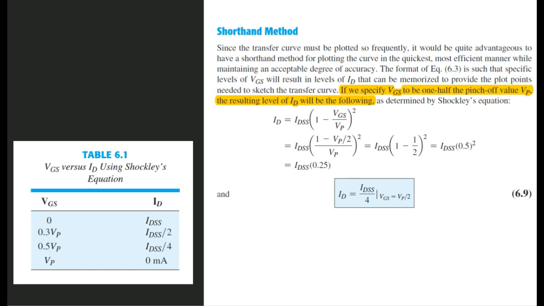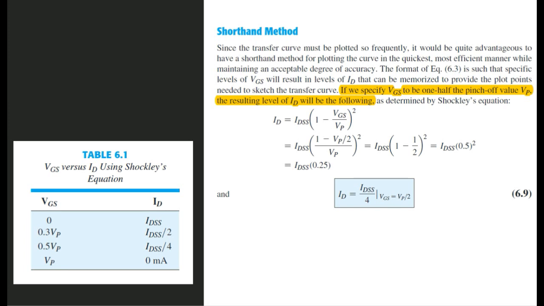You just need to change the values here, and you can see that if VGS is 1/2 of the pinch-off, then the current will be reduced by 4 times. So here you can also make assumptions about this.